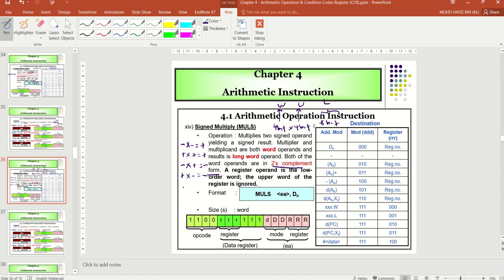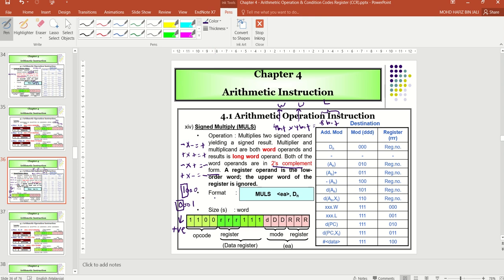For example, you have 1000 word size on the source or destination. The MSB is 1, so 1 in binary is 0001. If the MSB is 0, it means it is a positive number.